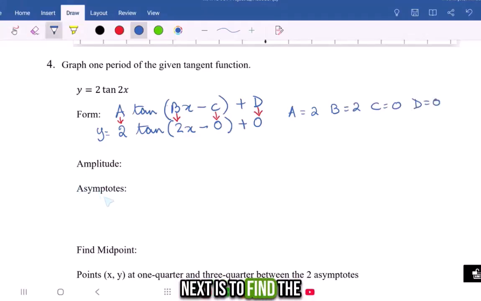Next is to find the amplitude. Now, for the tangent function, the amplitude or the value of a is used differently from the way we used it for the sine or the cosine function. But let's just identify the value of the amplitude, because we will use it later on for one of the steps where we find the coordinates at 1/4 distance and 3/4 distance between the two asymptotes.